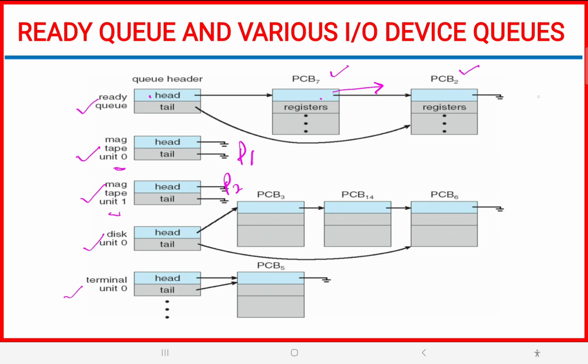So basically what I'm trying to say is, whenever a process comes for execution and it is with the CPU, during that phase there are three possibilities. Either that process will terminate, meaning it has done its job, or that process is interrupted, maybe because a higher priority process has come in the system which needs to be given the CPU's time immediately.